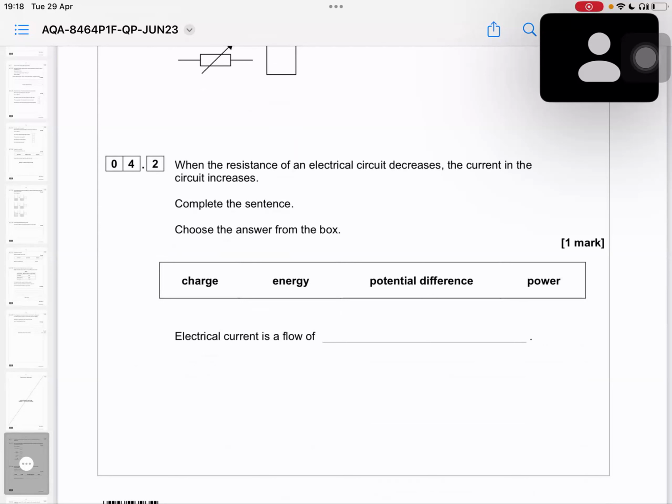Choose the answer from the box. Electrical current is a flow of charge. It's a flow of charge, electrical charges or electrons, and those electrons are carrying charges. So I'll go with charge, not energy, not potential difference, definitely not power.